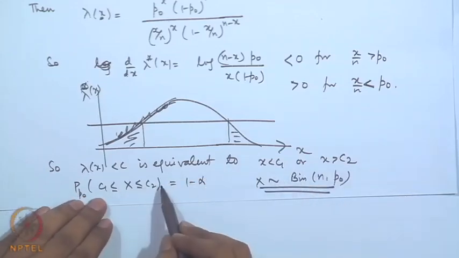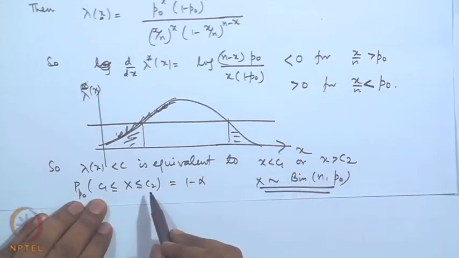So, this c 1 and c 2 can be determined from the tables of binomial distribution. I have shown you that even in the discrete case, the likelihood ratio test can give a nice and elegant solution.